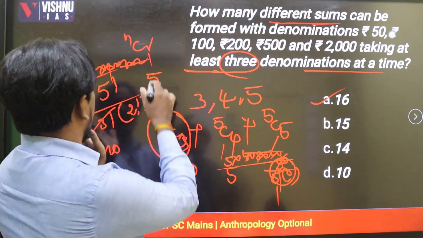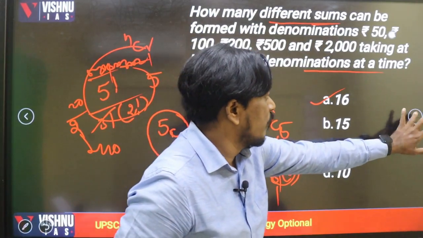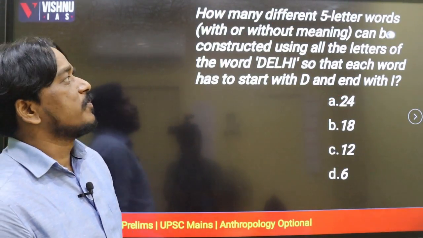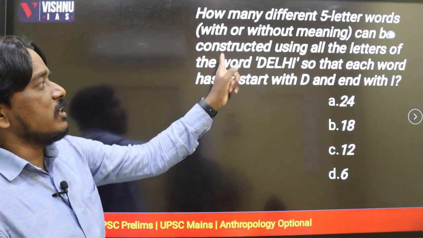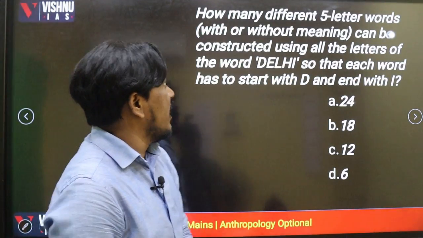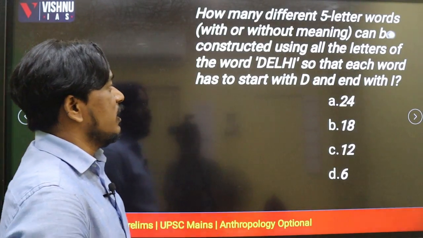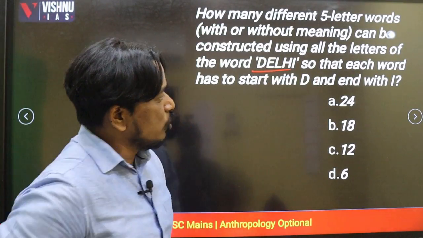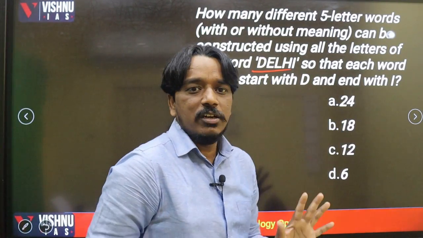So in this particular question, the formula is the only important thing that we have to apply. Now let's take another question. How many different 5-letter words, with or without meaning, can be constructed using all the letters of the word Delhi, so that each word starts with D and ends with I?